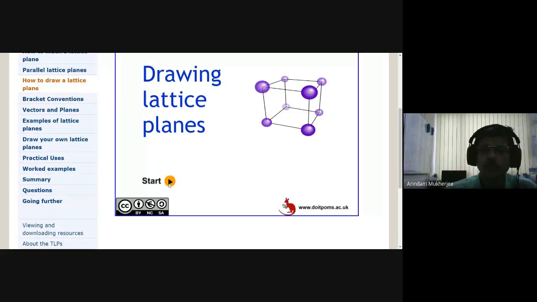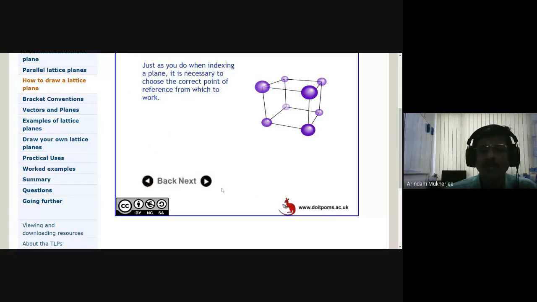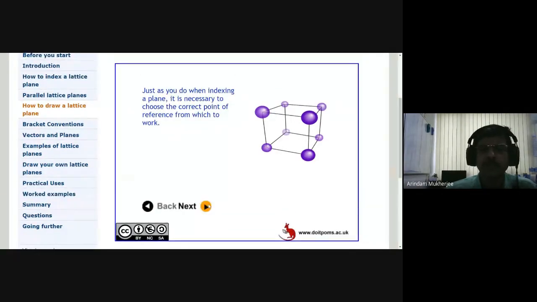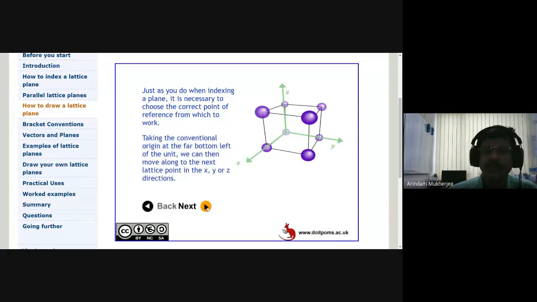So now we need to be able to draw lattice planes. When we did indexing, we chose the correct point of reference. What is the point of reference? The point of reference is the origin. Now here we have our conventional origin. There is the origin, that's x, y, z.